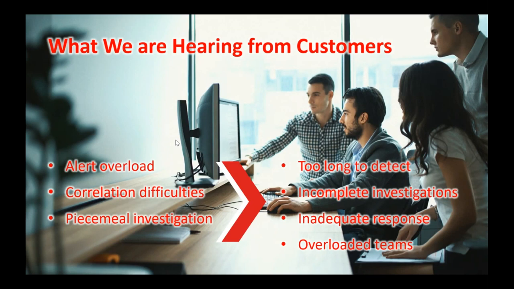We need to find that out properly, and correlation should happen automatically. But this is not happening with many of the solutions, and because of that the SOC team and the customer security team are facing correlation difficulties, and it takes too long to detect.